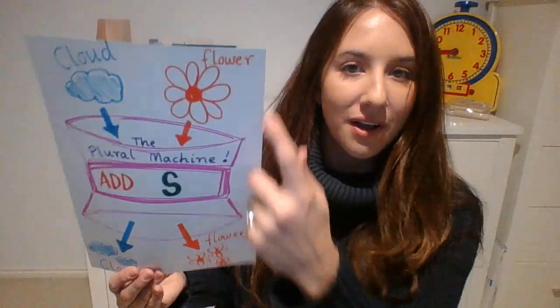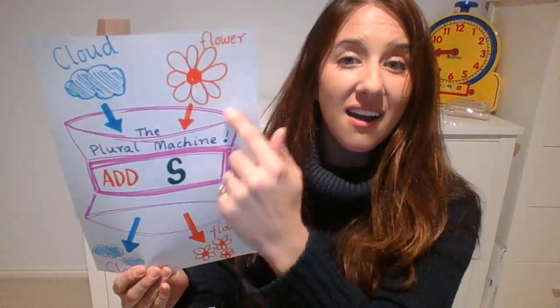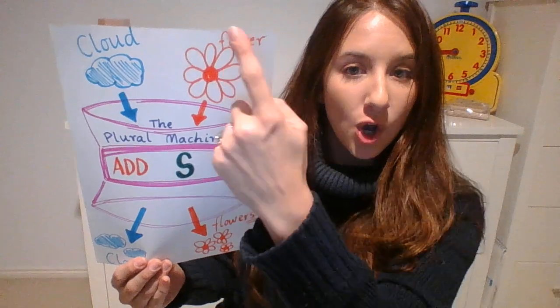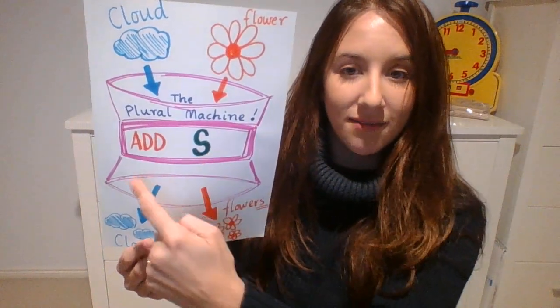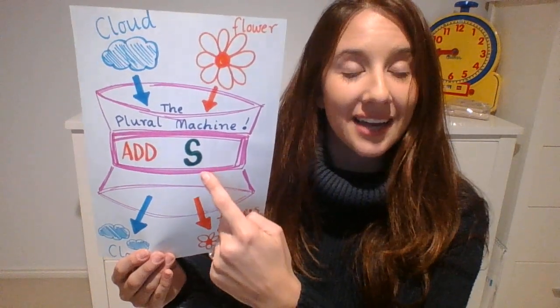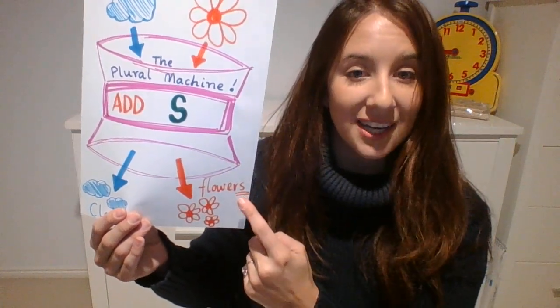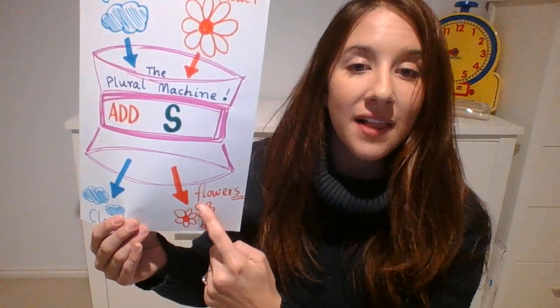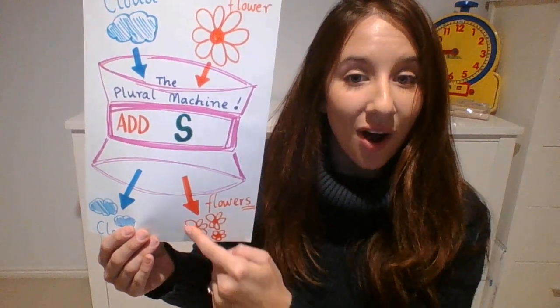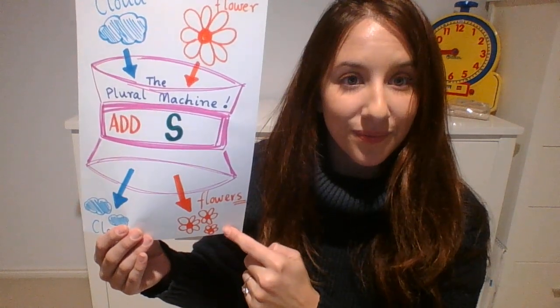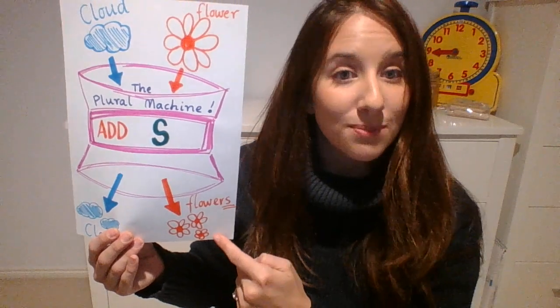Let's have a look at the word flower. Here, it is just singular. When it goes into the plural machine, I've added an S, and it's come out a plural where it has an S on the end. Read it with me, flowers. Now I have three, okay? So it is plural.